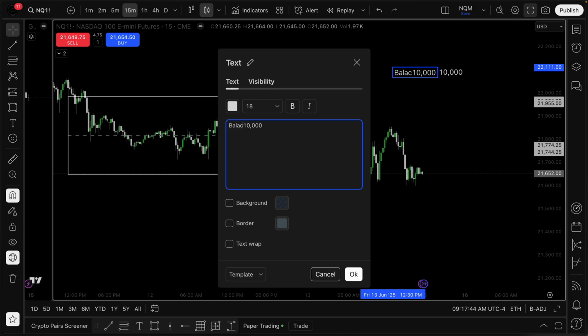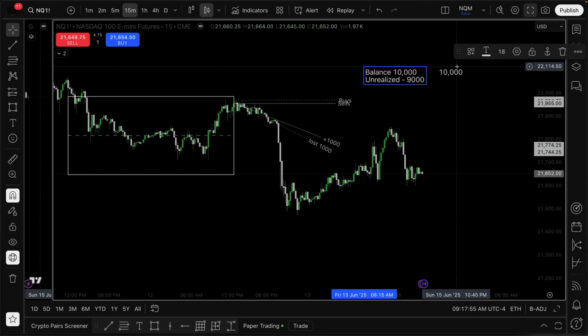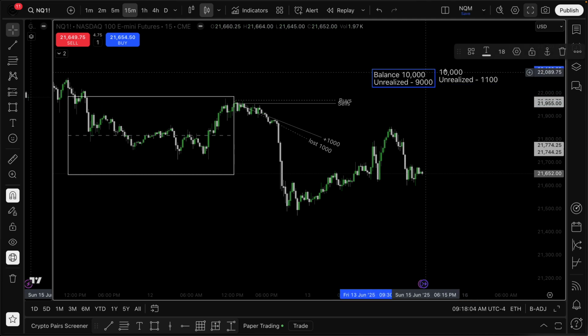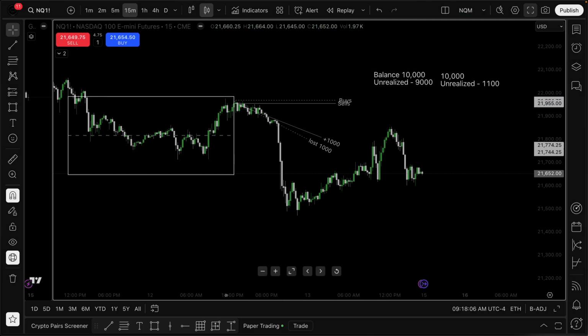Balance unrealized is down $1,000, so 9,000, and then this guy unrealized 1,100. So the moment you close your position is when you go from unrealized to realized.